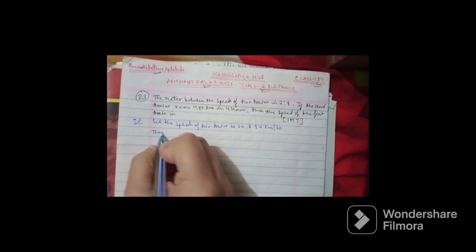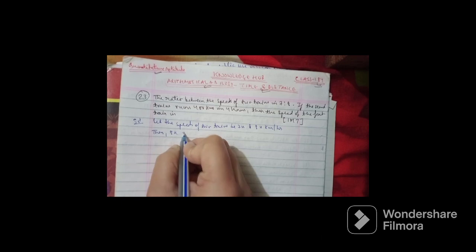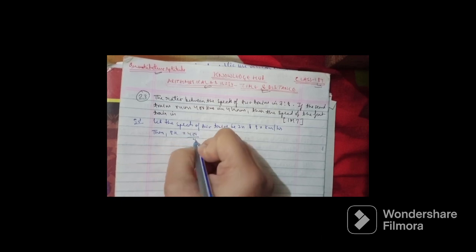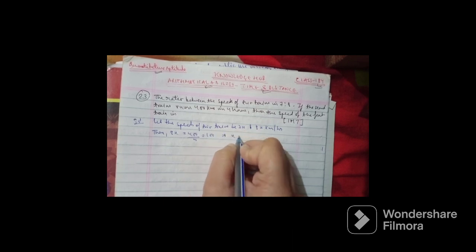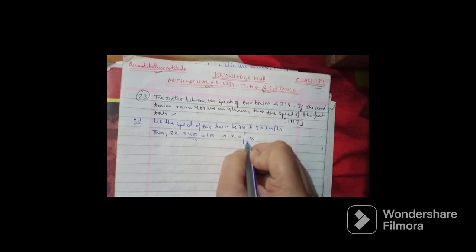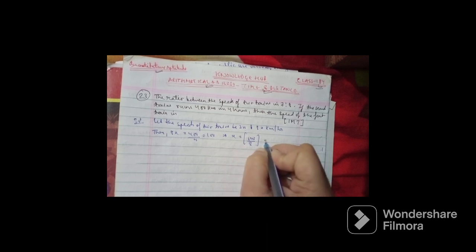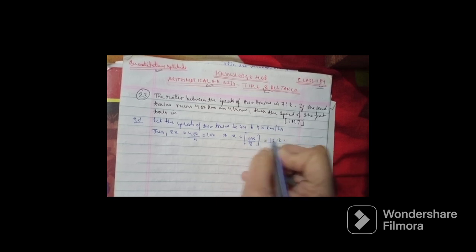Then 8x into 4 equals 400, so x equals 100 upon 8, which is equal to 12.5.